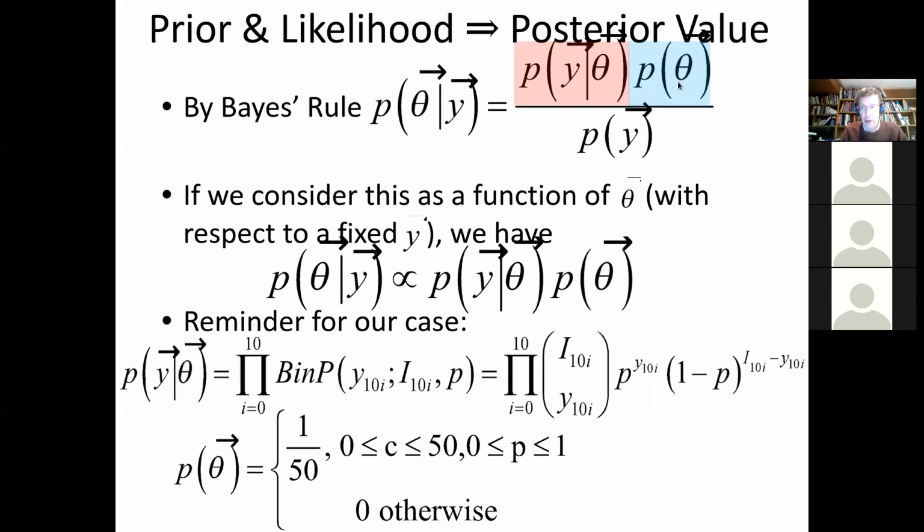Similarly, on the numerator, P of y given theta times P of theta is just P of y and theta, which is the same as P of theta and y. It's just the joint distribution, and multiplication commutes, so it's the same thing on both sides. This is just rearranging that.